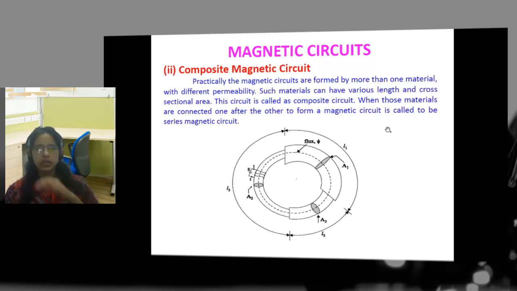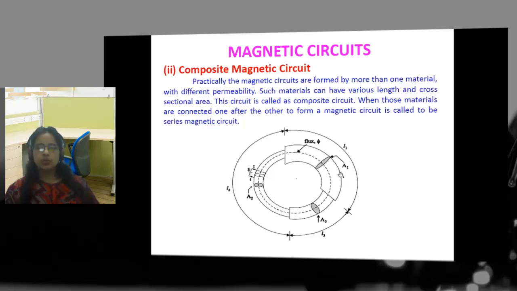In this case, for this part the area of cross section is different, for this part it is different, and for this part it is different. Let these be A1, A2, and A3.